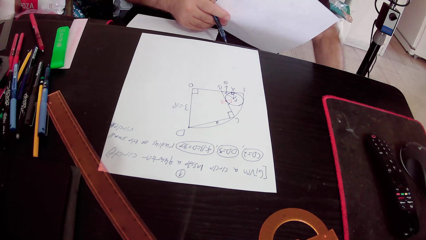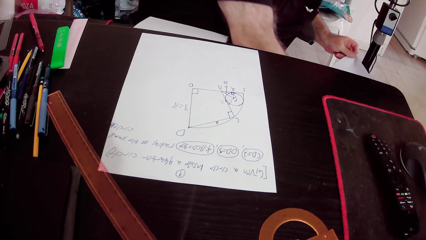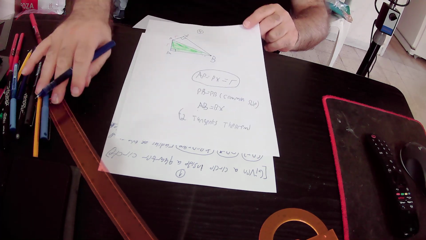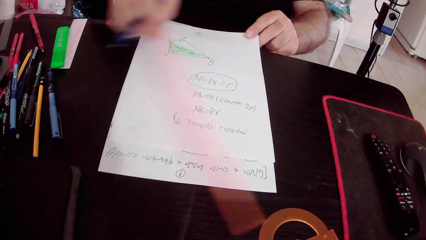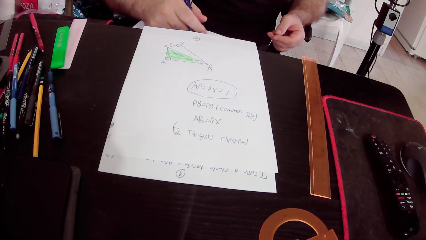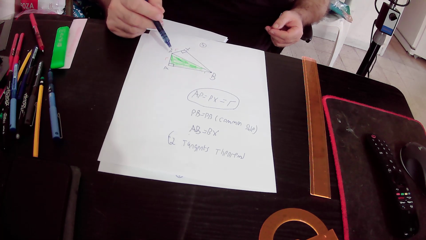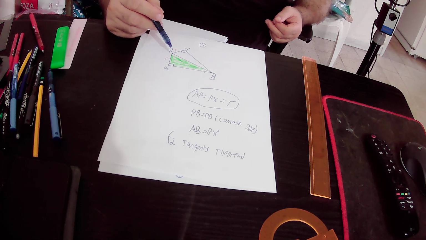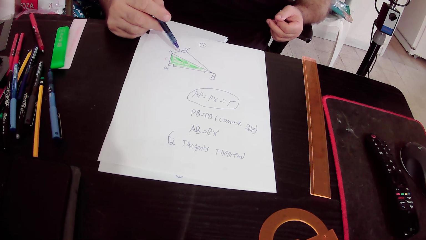Okay, so actually we proved that all the sides of triangle PBX are equal to all the sides of the green triangle, triangle APB. Therefore, we proved that the green triangle, triangle APB, is congruent to the white triangle, triangle PBX, according to the side rule.